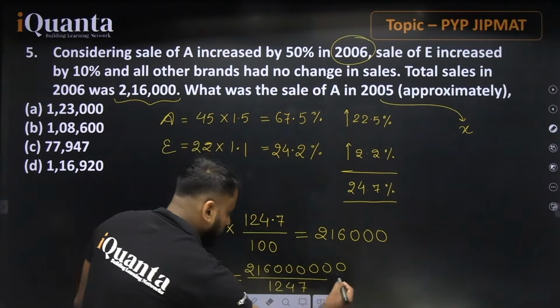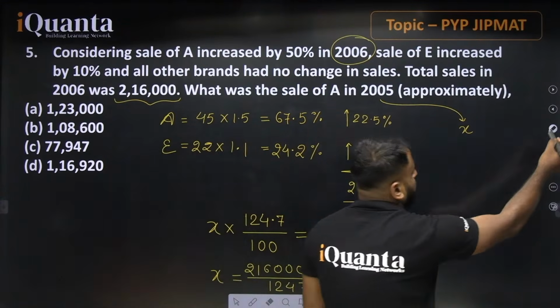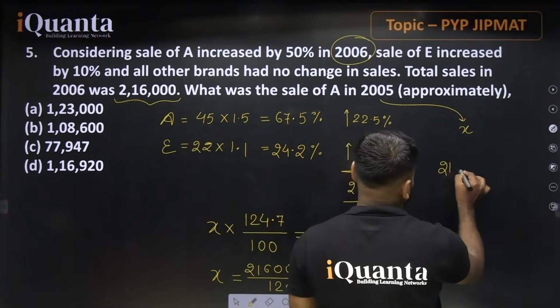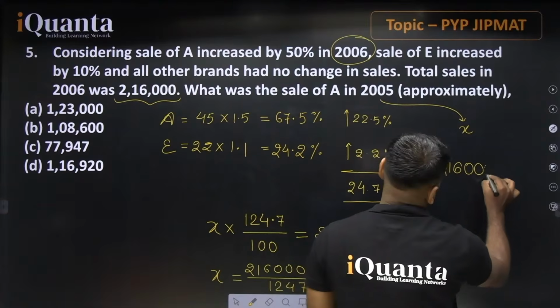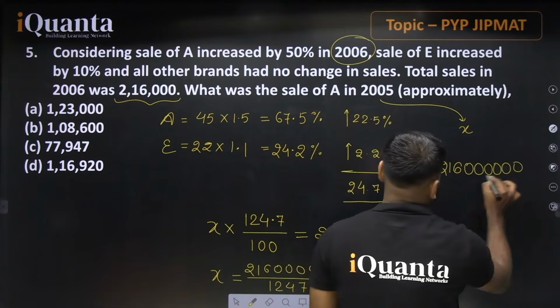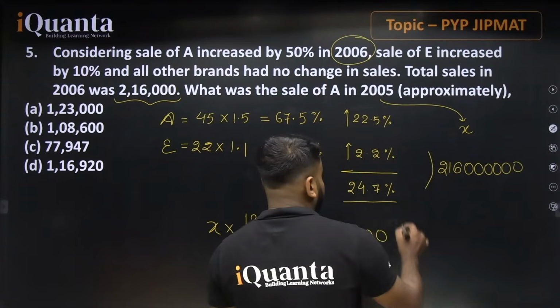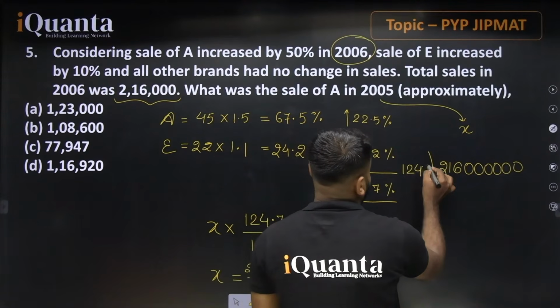If we talk about this portion, we divide this again, and this value is 216,000, and again we have 000, divided by 1247.